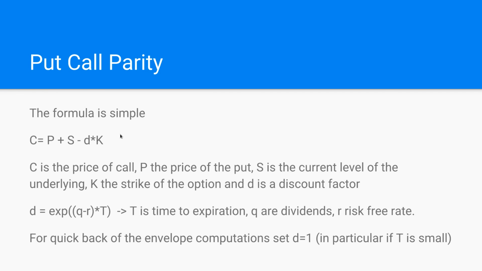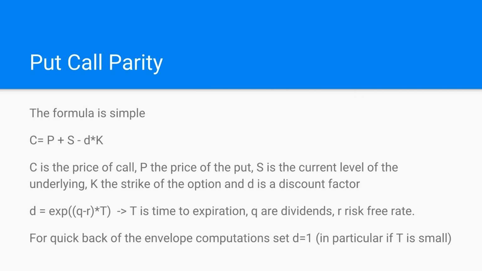So the discount factor, don't let this distract you from the formula. The discount factor is a little complex, but it is just the cost of carry for money. So remember, options expire at some time in the future, and money in the future is not the same thing as money in the present.